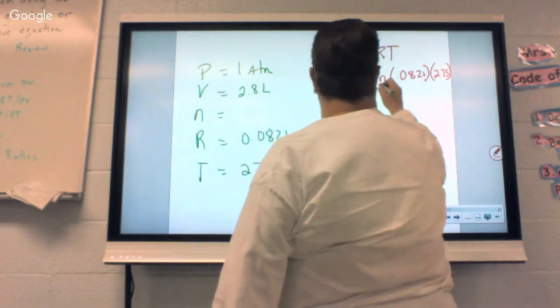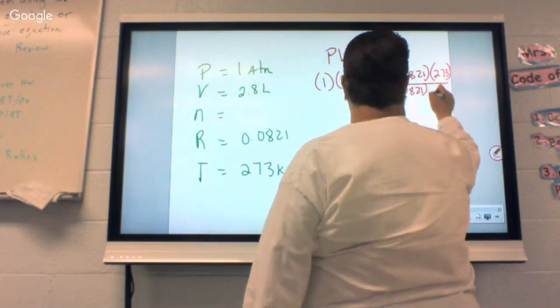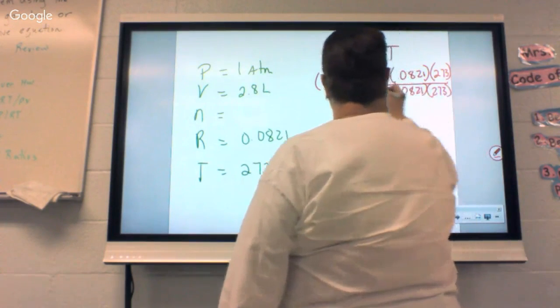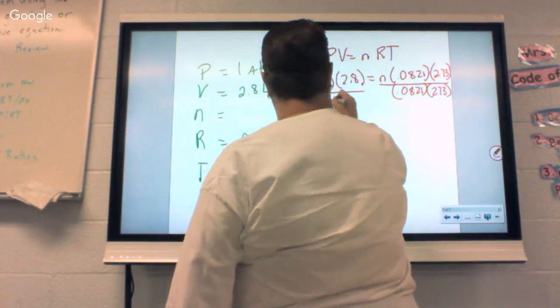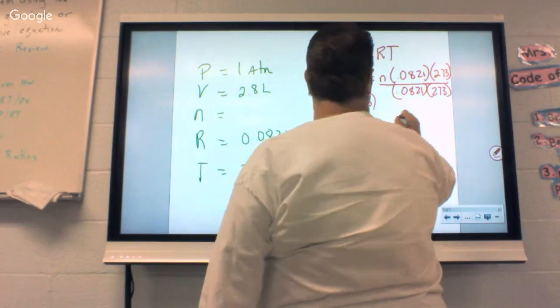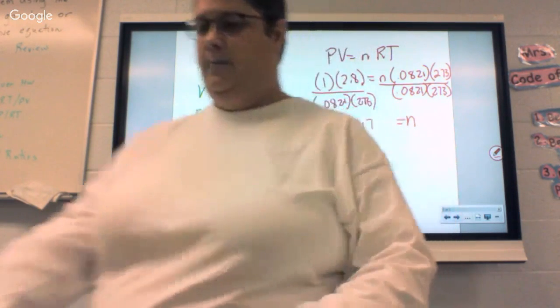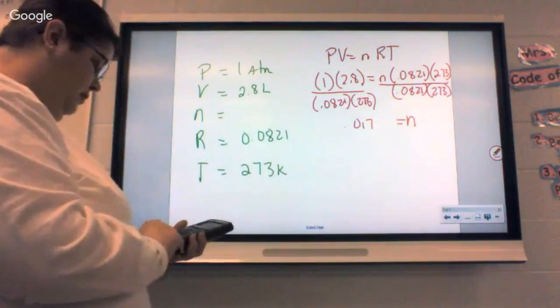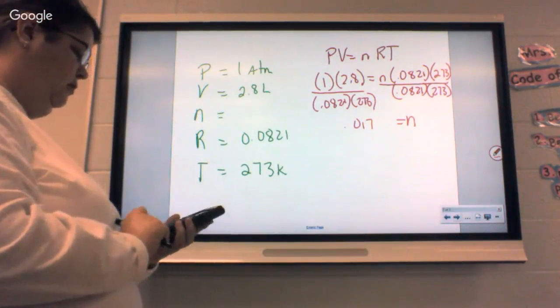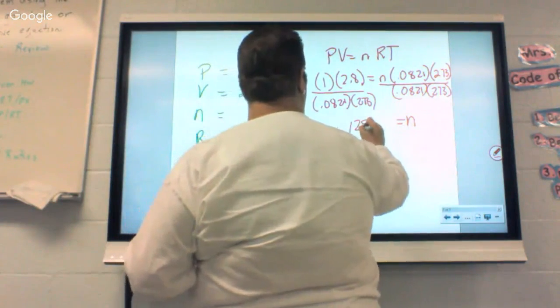Okay, so dividing by 0.0821 and 273, and equals, I think it's 0.017, but let me check. What did you get? I have the wrong question in my head.